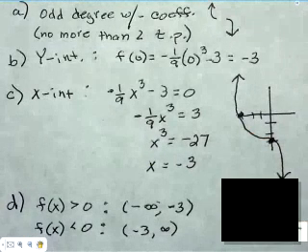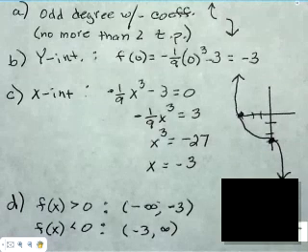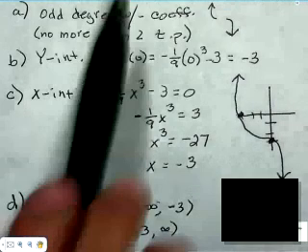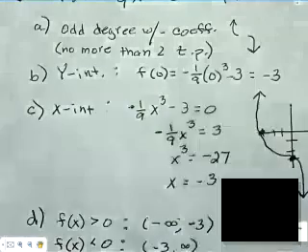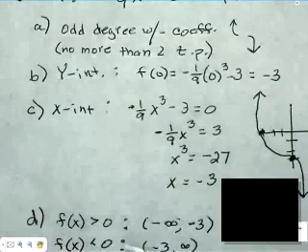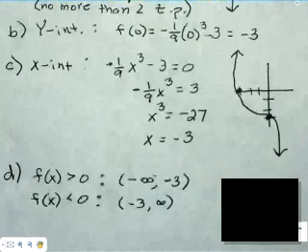Now, if we didn't have to write down all that stuff just for note-taking purposes, I could have sketched that graph without writing any of that down. I could have had the end behavior in my head. I could have seen the y-intercept was -3 and the x-intercept's -3, and I could have graphed it without writing down anything at all.